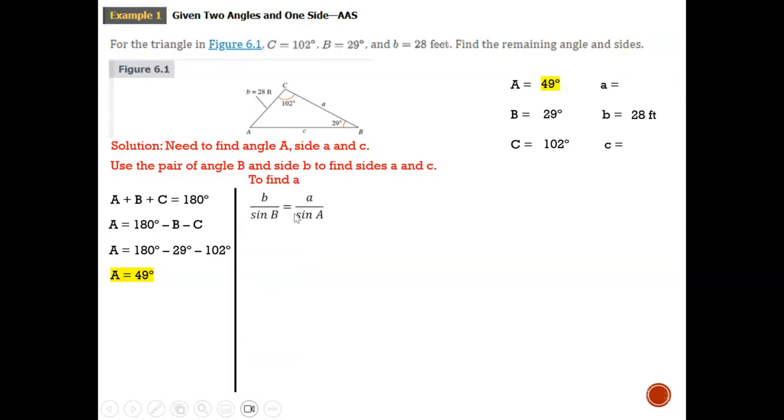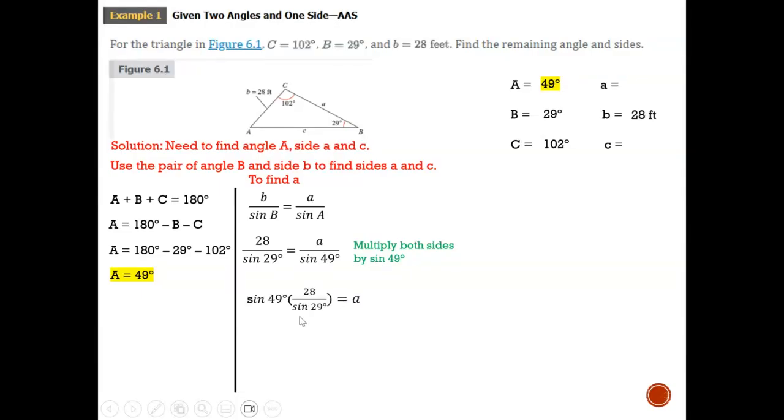Now use the pair of angle B and side b to find sides a and c. To find a, it's going to be side b over the sine of angle B equals side a over the sine of angle A. You see, b is 28 feet, angle B is 29 degrees, and angle A is 49 degrees. To solve for a, we're going to multiply both sides by the sine of 49 degrees.